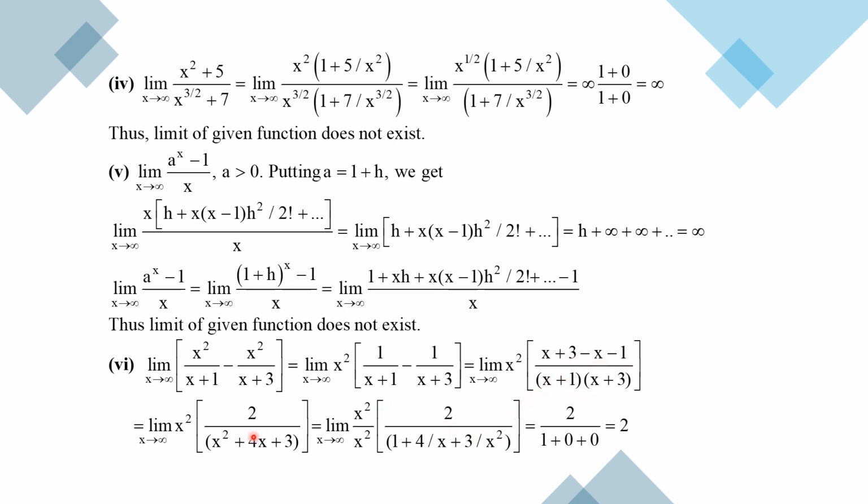In the denominator, multiplying (x plus 1) with (x plus 3): x with x is x square, x with 3 and 1 with x gives 4x, and 1 with 3 gives 3. Take x square common, so 1 plus 4 over x is the rest, plus 3 over x square. Now apply the limit: x tends to infinity, 4 over infinity is 0, 3 over infinity square is 0, so we will have 2.